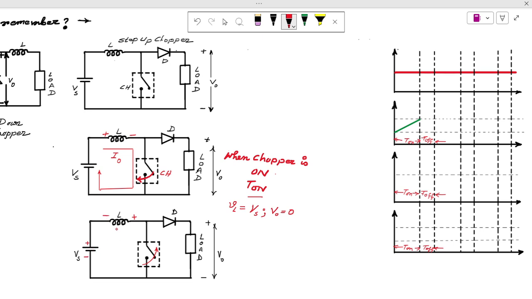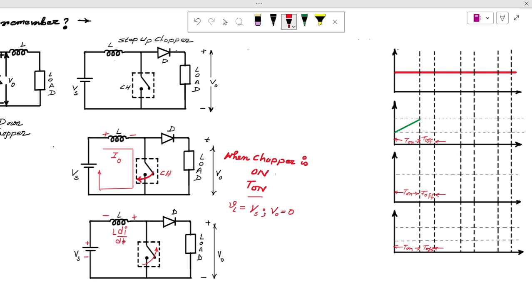As we know, this voltage will be L dI by dt.